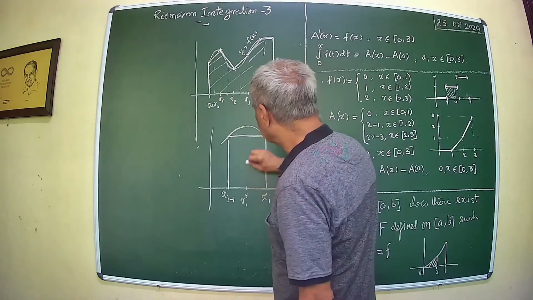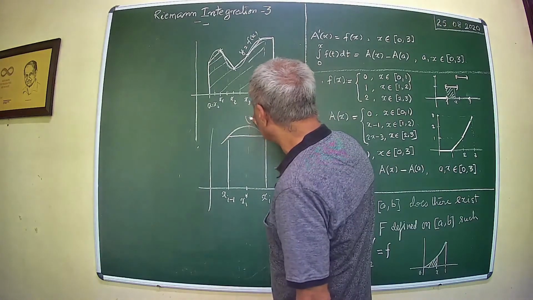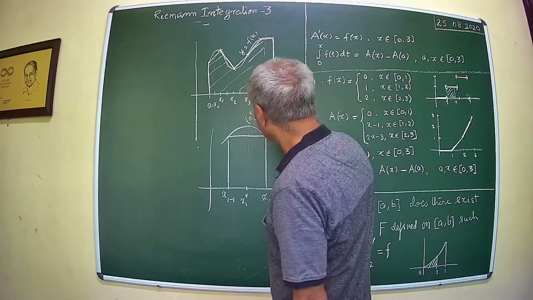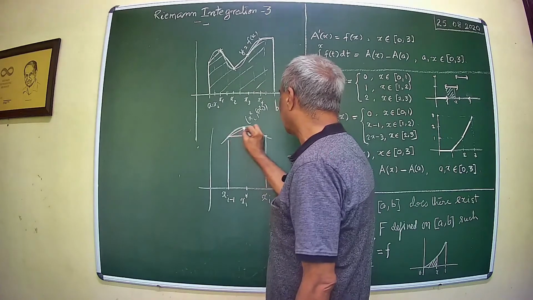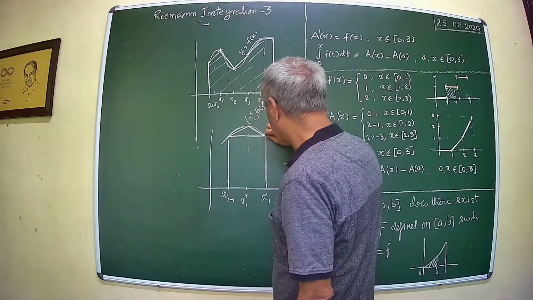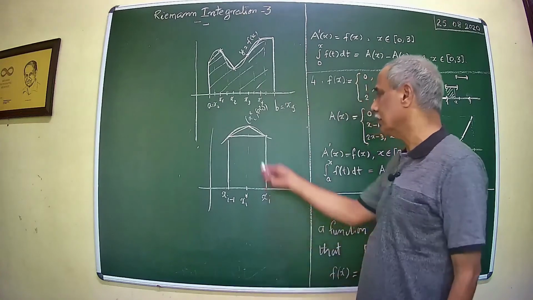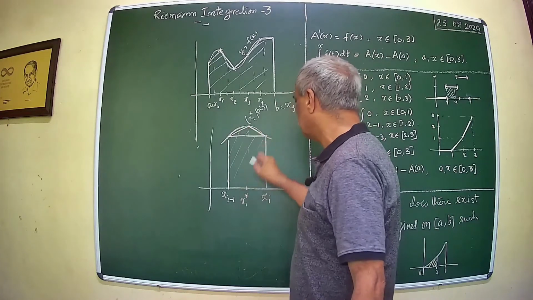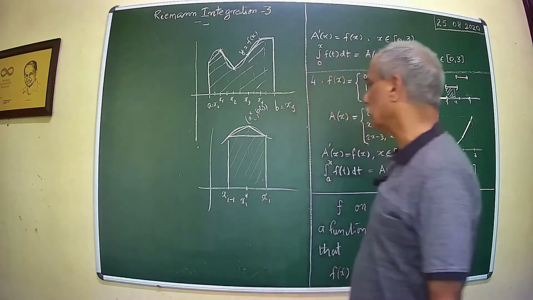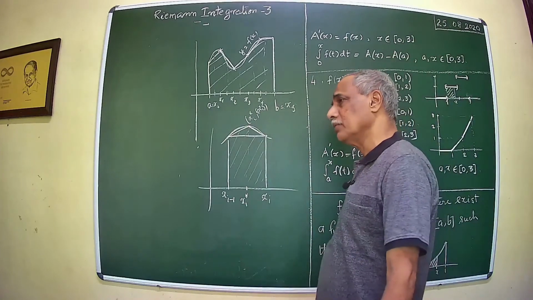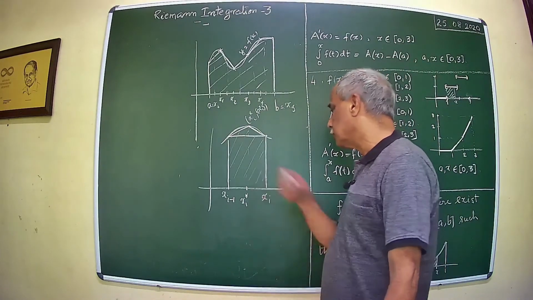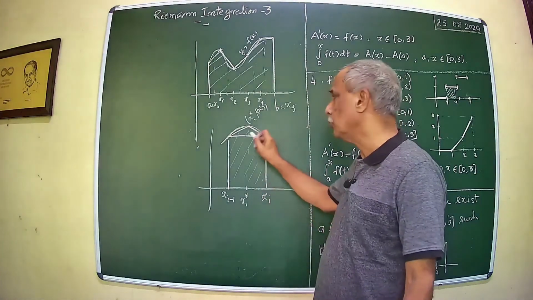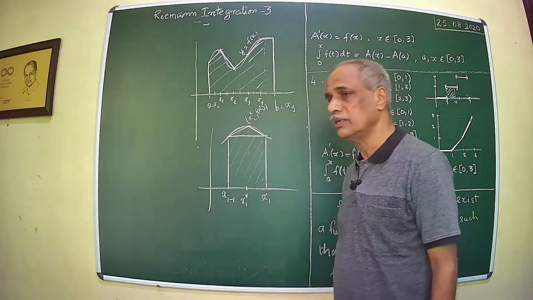So corresponding to xi star, I take the point (xi star, f of xi star) on the curve. Now I draw a polygonal line. So you can quite easily see that the area of the new piecewise linear approximation that you have worked out after introducing an additional point in the partition is much closer to the original.